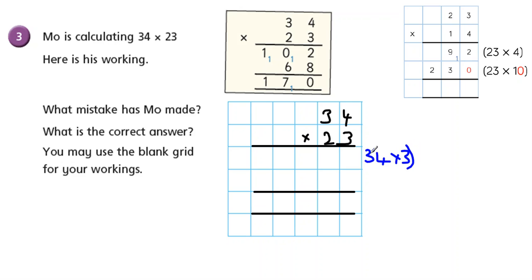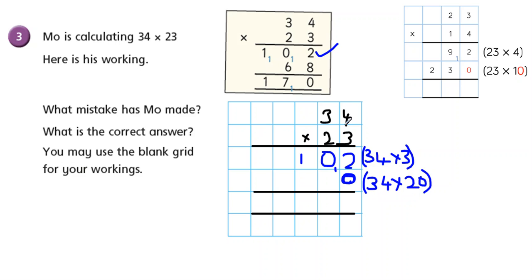That's my first one. And my next one is 34 times 20. Okay, so 4 times 3 is 12. So Mo's right there, isn't he? 3 times 3 is 9, another one is 10. So that row for Mo was correct. Now I know I've got to put my 0 in.